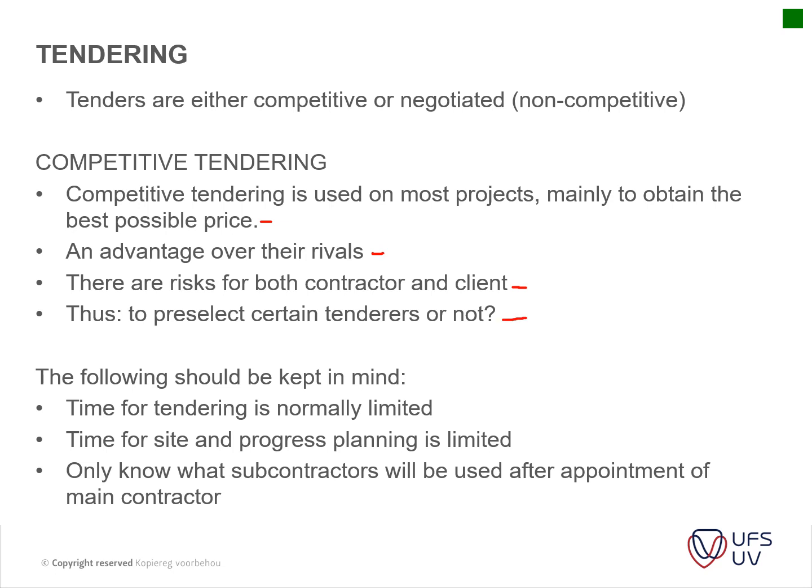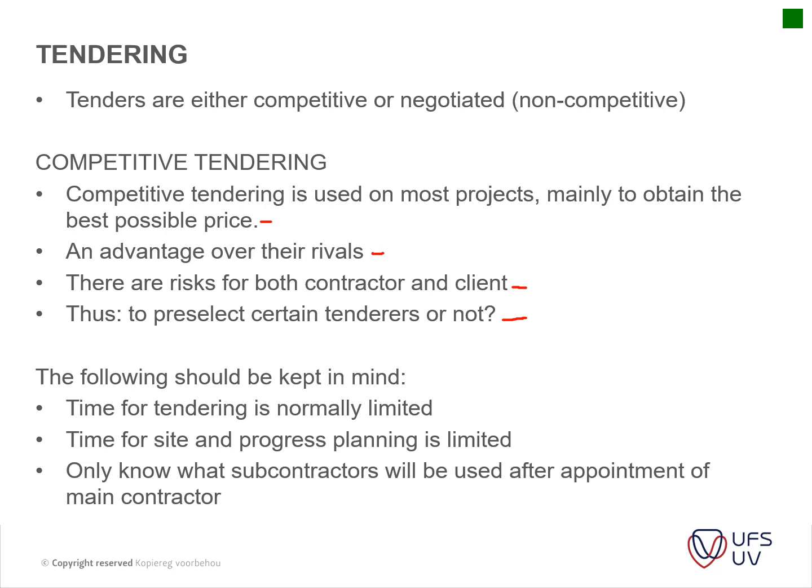You can still have a combination of negotiations, where you maybe select three tenderers who you think will give you good quality, but you still make it open so that they have to compete against each other to get the job.